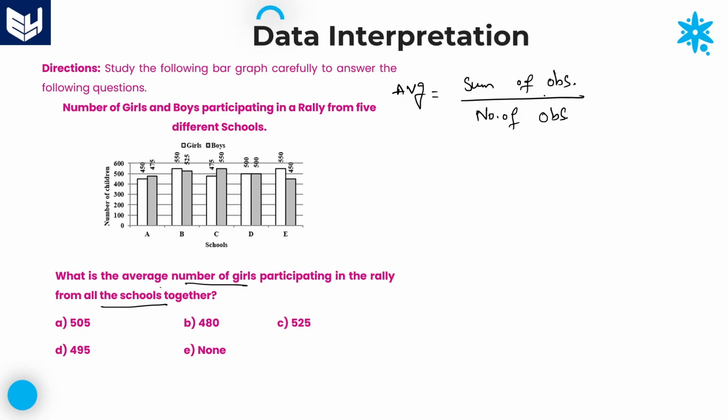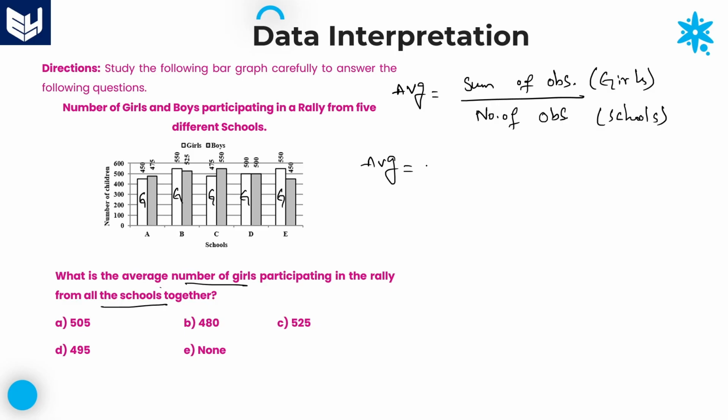If you want the average of all girls, the numerator value will be the sum of all girls divided by the number of schools. Therefore, average is equal to first the total sum of girls. Girls are the white color portion. All these are girls. So write down all the values.